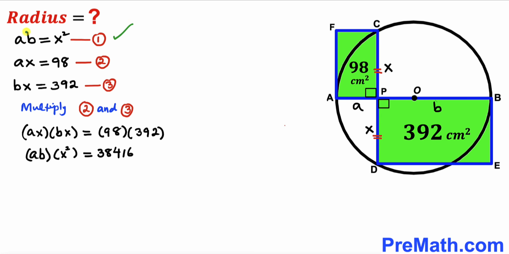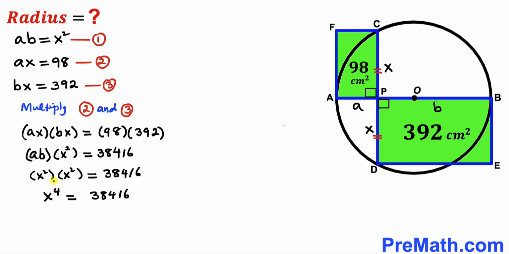Now let's focus on equation 1. We know a times b equals x square. So I'm going to replace a times b with x square over here. This becomes x square times x square equals 38,416, and the left hand side gives us x power 4 equals 38,416.